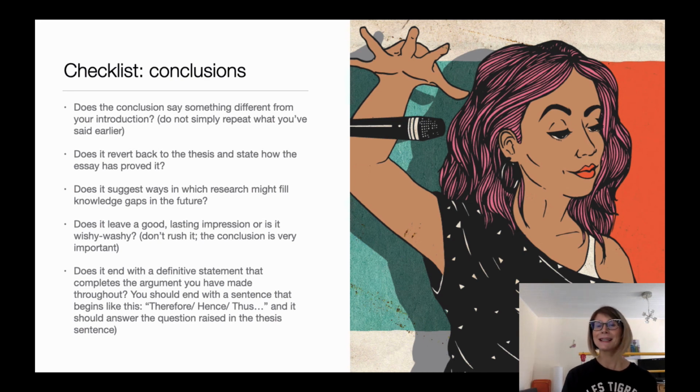Your essay is essentially an argument in a more formal way. And what we want you to do is, therefore, tell us the reason why all of the evidence that you've been producing the whole way through the essay is significant in answering the question that was raised in your thesis sentence. So I hope those videos are helpful to you.